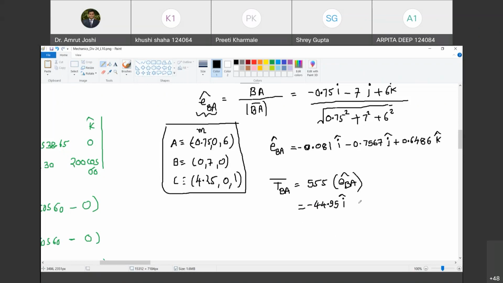Then 0.7567 multiplied by 555, that turns out to be 403, right? Sir, 419, no, I'm sorry, 419.96. 0.7567 multiplied by 555 is 419.96. Yes, sir.